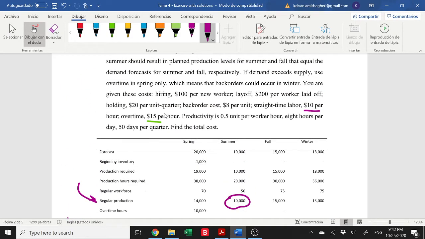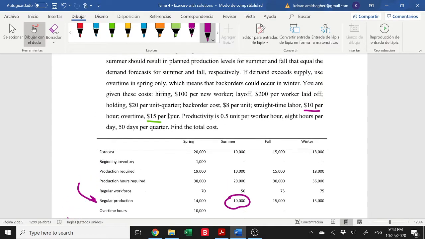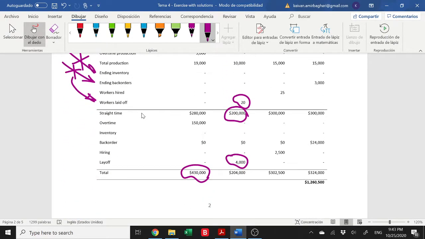Why? Because we laid off 20 workers and the layoff cost is $200 per worker, so 200 multiplied by 20 gives us 4,000.